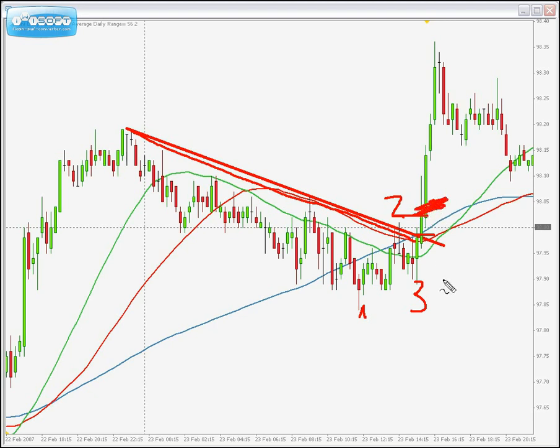Where's the stop loss to be? Well, the stop loss is behind the event that got me into the trade. The event that got me into the trade is this 1, 2, 3 reversal formation, isn't it? There are two ways of placing your stop losses on a 1, 2, 3 reversal formation.